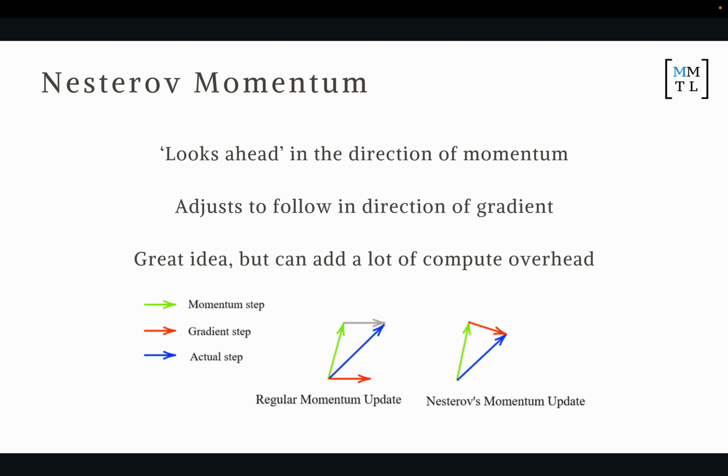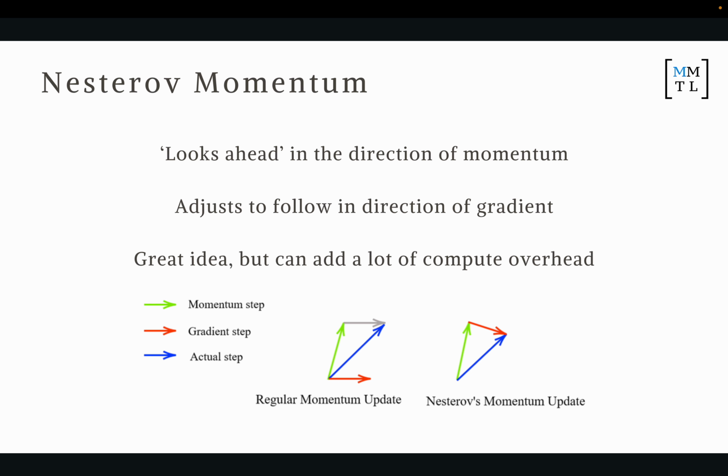Nesterov momentum. So this is another type of momentum that instead of using information from the past, it uses information from the future, right? So it basically says, you've traveled in this direction, you should look ahead in the direction that you're traveling in, and then take an average, right? So again, a different idea. So this is a regular momentum update, and this is Nesterov momentum, right?